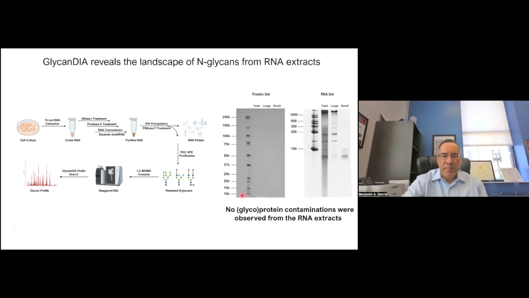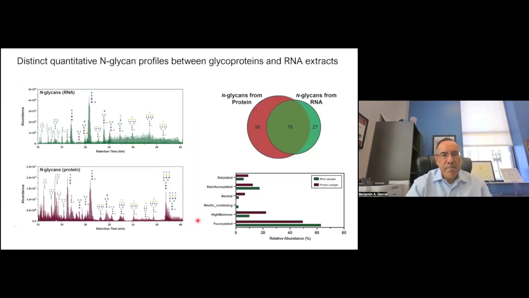We've had a lot of experience now, and Ryan's lab as well has given a lot of good pointers for this. What we find is that the N-glycans that are separated and released from RNA are different than the ones on proteins. There are definitely some overlaps, but there's some specificity either way.